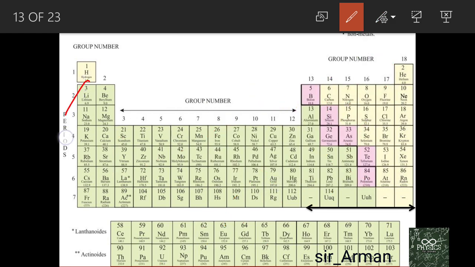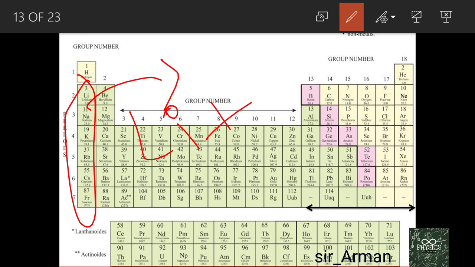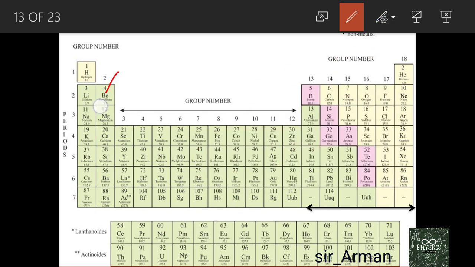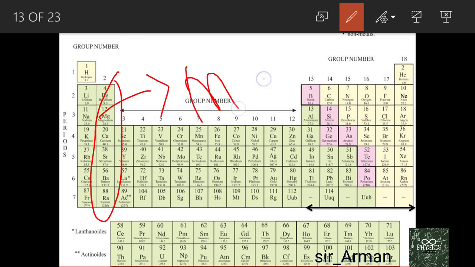But if you see group number 1, all the metals in this group, when they react with water, a single metal atom will directly react with the water and give the base LiOH. But the elements belonging to group 2 will not directly give the base. Oxides of these metals are basic in nature, that is MgO.